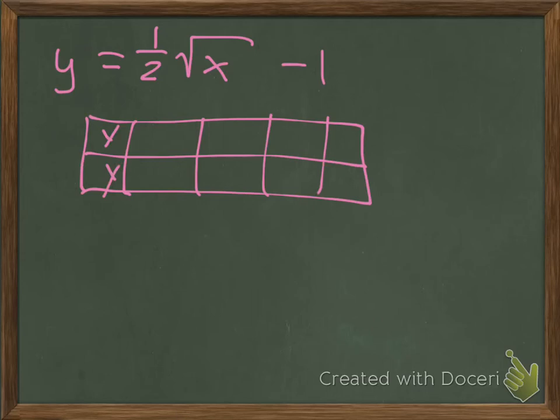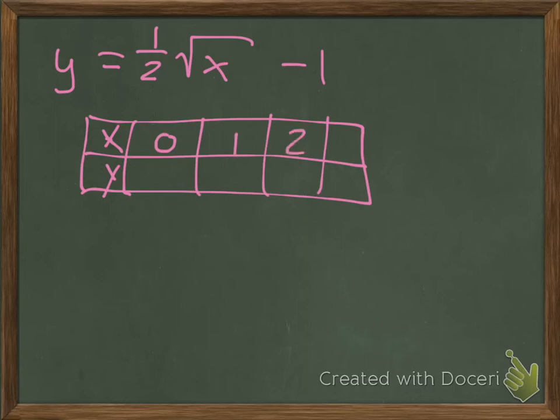So in this case, we need to think about what we can start with. We have the square root of x times 1/2, and then -1 after that. So we're going to have to start with 0 to keep it as the square root of 0 as the lowest we go.